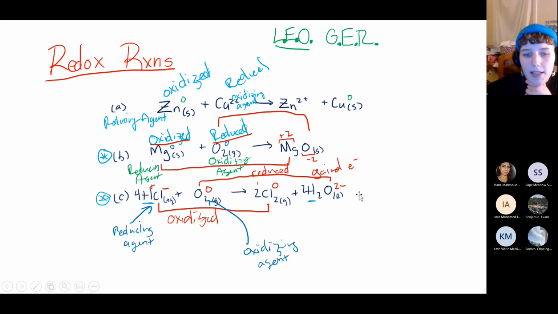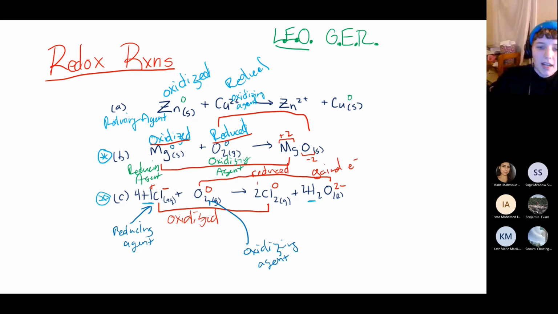Okay, so I guess we'll move on. If anybody has any questions, please stop me. Please yell at me if you have any questions at all. But we'll move on to practicing balancing redox reactions, which is the difficult part of this section on redox, right? I feel like it can be hard to balance and remember all the steps.